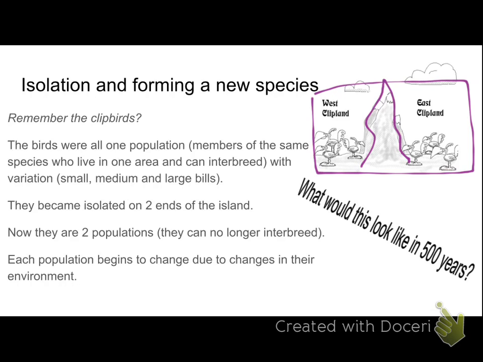And the clipbirds on the east side of the island couldn't get to the west side of the island, and vice versa. They had been all one population. They were all one species. They were all capable of interbreeding on that entire island. But once they got isolated, they were now two populations. And this is usually how the process that we call speciation starts.